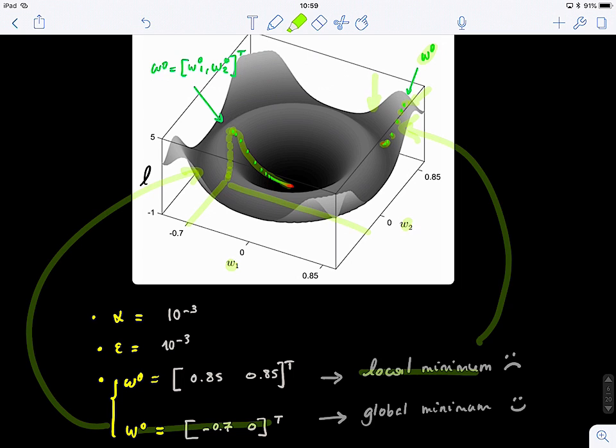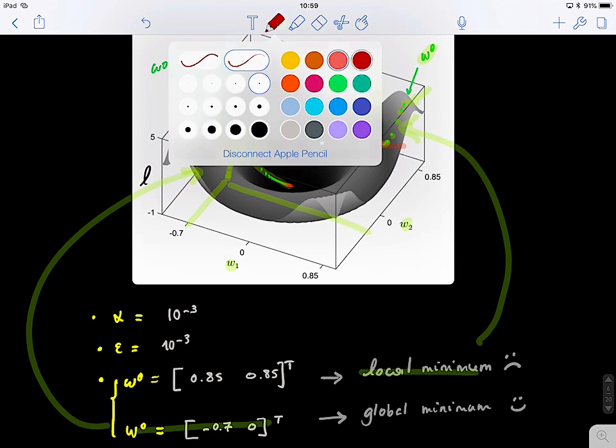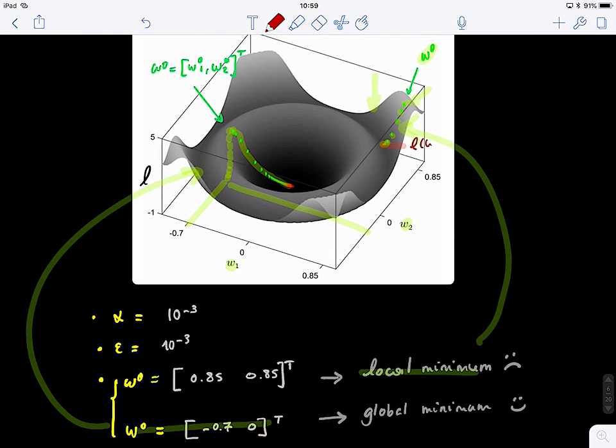The easiest way is to say, okay, my loss at this W0 is, for example, equal to 2, but my loss at this W0 is equal to 1. So this is a better choice, because it minimizes your loss better, okay?